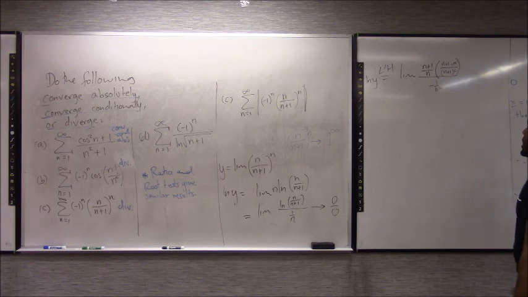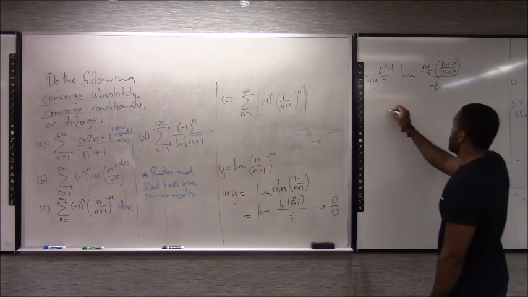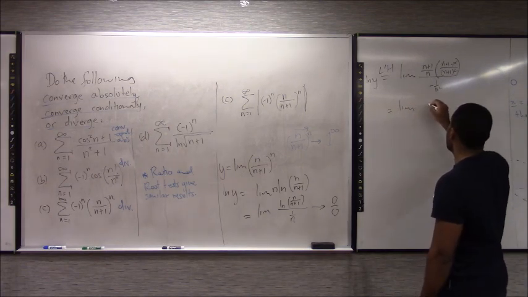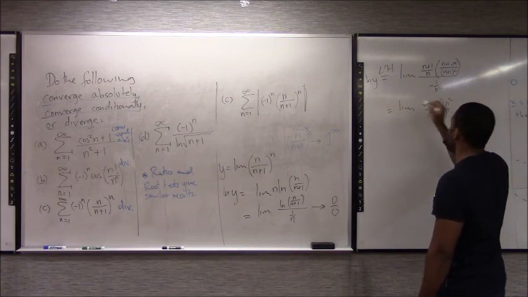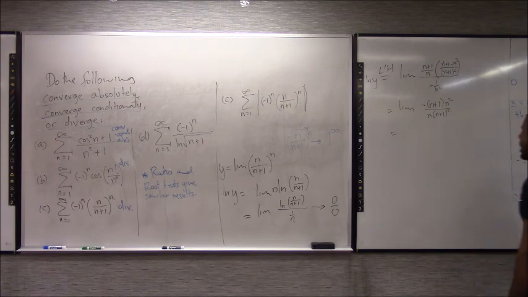What can you say about that? So here I have the limit of n plus 1 over n times n plus 1 squared times n squared, negative. What happens now?